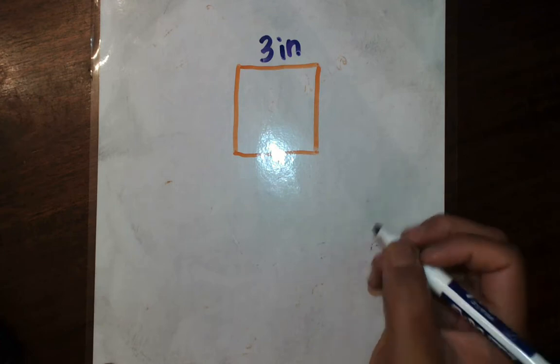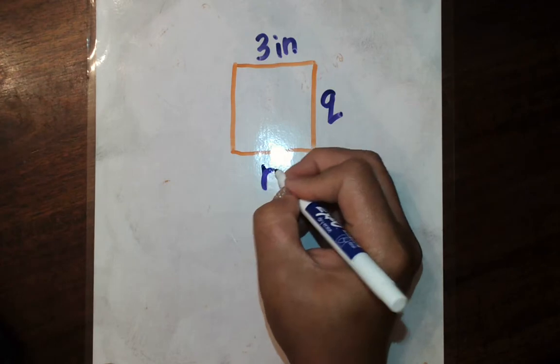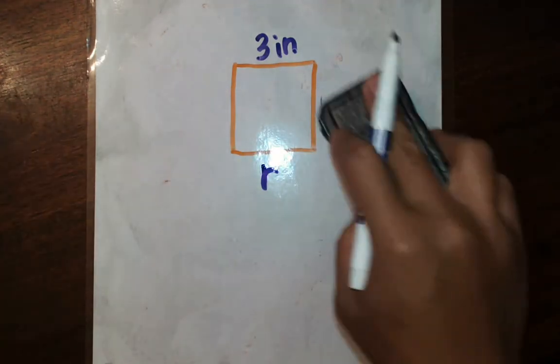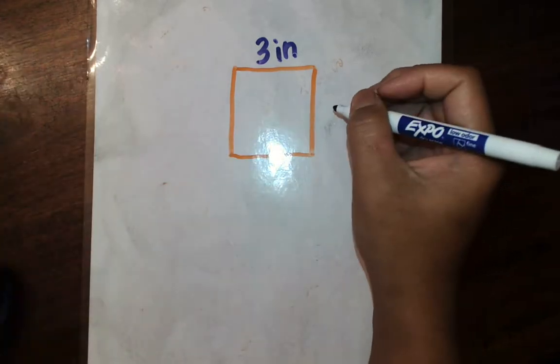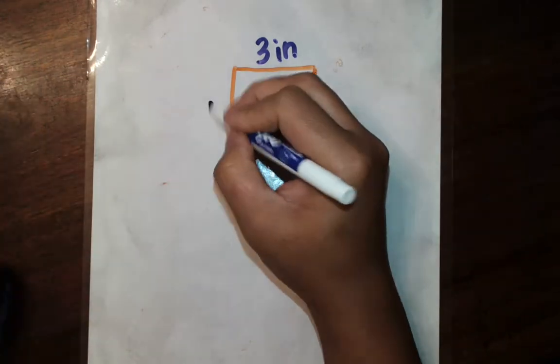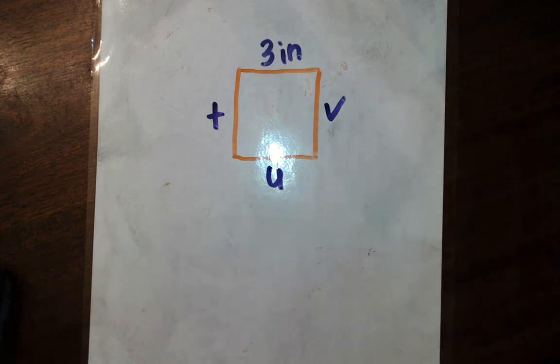I'm going to label it Q, R, and you know what? I already did S. How about I label it T, U, and V? If this is a square and all sides of a square are equal, then what are letters T, U, V?